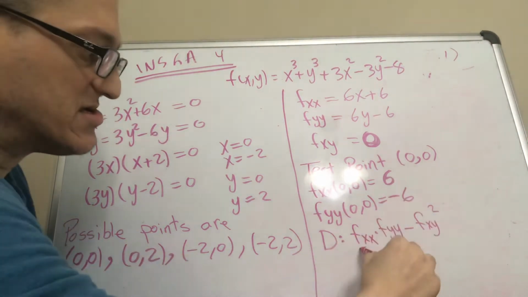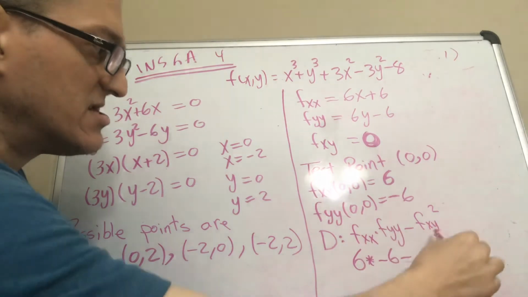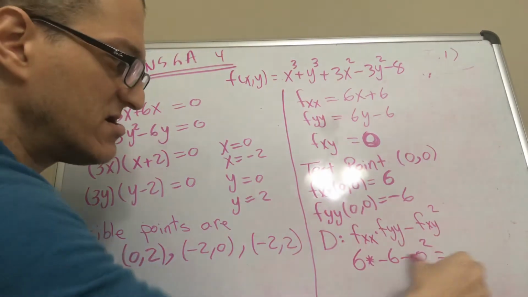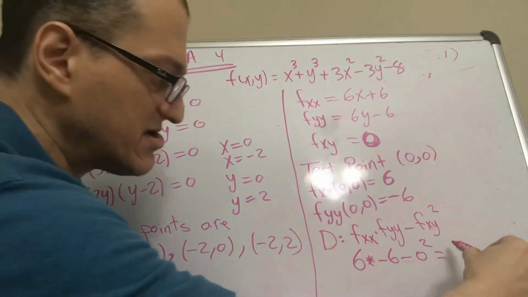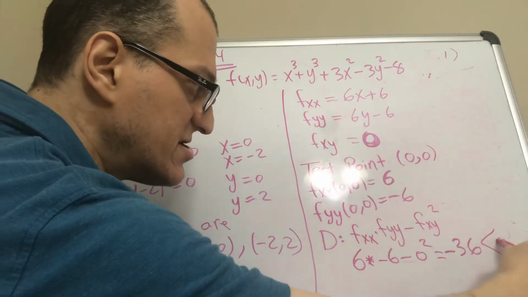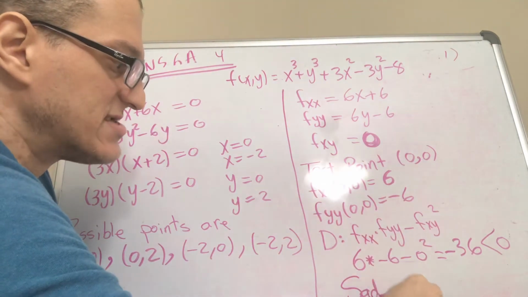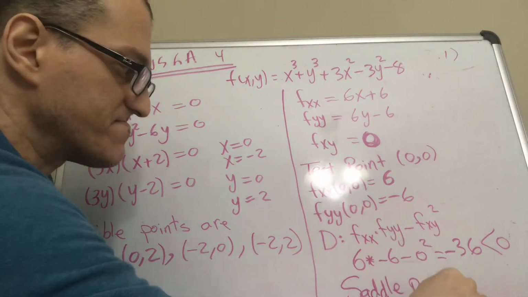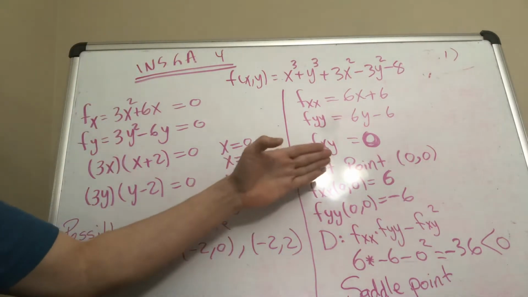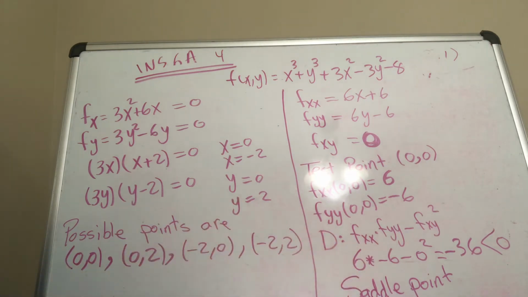So you take the 6 times the 6, and fxy at any point would be 0. 6 times 6 is 36. When D is a negative number, that means this point was a saddle point. So if you test a point and it gives you in this equation a negative number, then it's a saddle point.